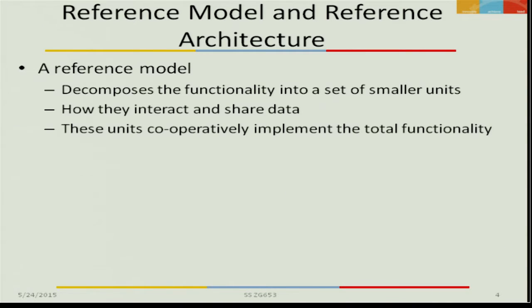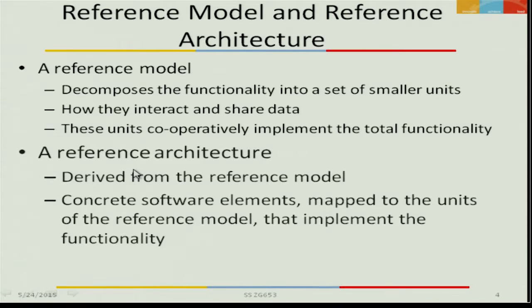It describes how they interact with each other and how they share the data, and these units cooperatively implement the total functionality. That's what is called the reference model. And the reference architecture is basically created from a reference model, a concrete set of software elements mapped to the units of the reference model that implement the functionality.